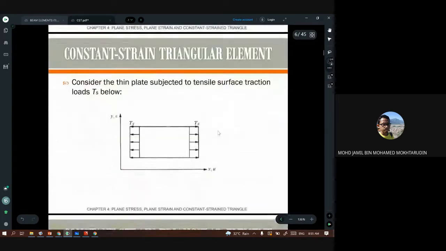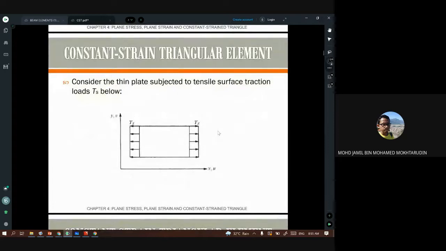Okay, now let's go to our main topic, which is the constant strain triangle. Consider a thin plate shown in the figure. We apply a traction force in both directions, one going to the right and one going to the left, so basically we stretch the plate.